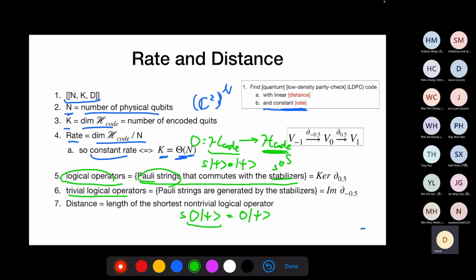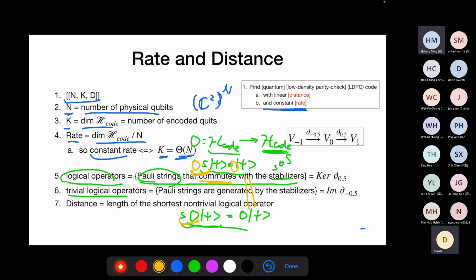Now we have these two equations. We can put an O in the front, and we'll see that OS is equal to SO. Similar to the previous argument, this would imply that S and O commute.